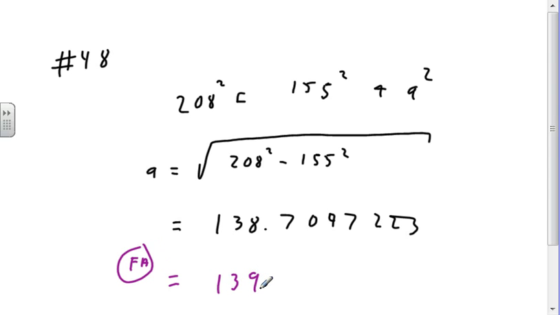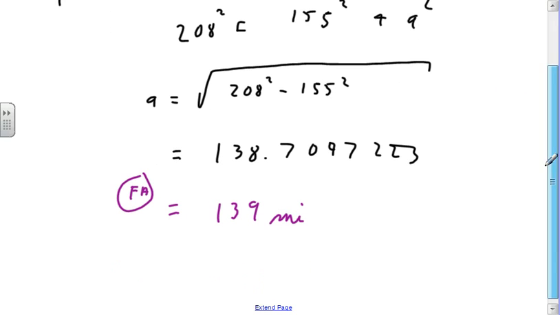Do I have units? Yes, I do. If I don't put down the units, is the problem wrong? Yes, it is wrong. So if I'm given units, I'm going to have units in my final answer. I don't have much of a choice there.